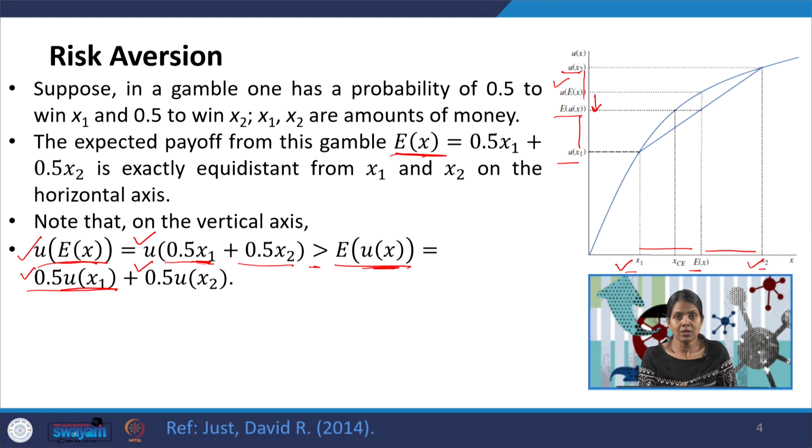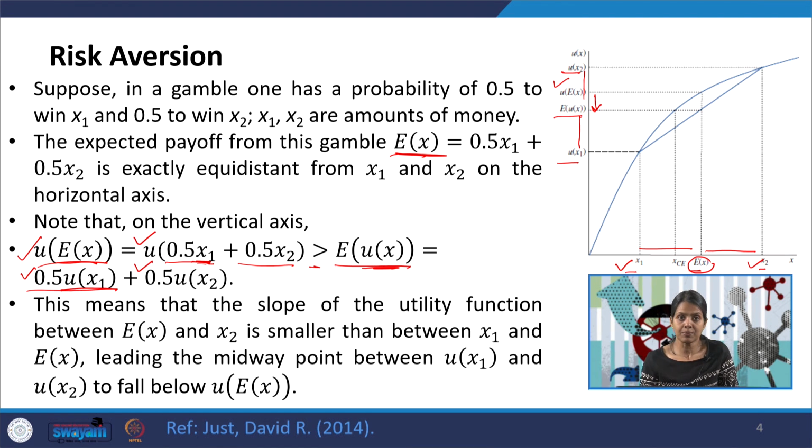But the utility of the expected value, which is like this, is higher than the expected value of the utility. This means that the slope of the utility function between Ex and x2 is smaller than the one between x1 and Ex. That is evident.